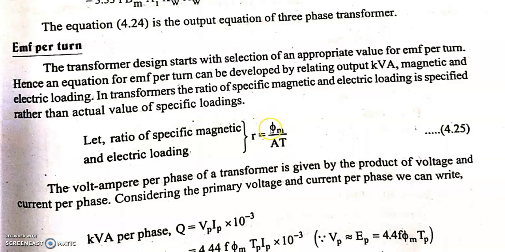Actually, this phi m is the magnetic circuit parameter, so it is the specific magnetic loading, and ampere turn, ampere, is the electric circuit parameter, so it is the specific electric loading. So we are defining a ratio between the specific magnetic loading and electric loading as r. This is the only difference in the way we express specific magnetic loading and electric loading in the design of transformers as compared to the design of rotating machines.